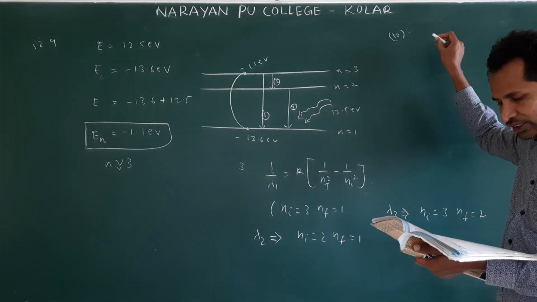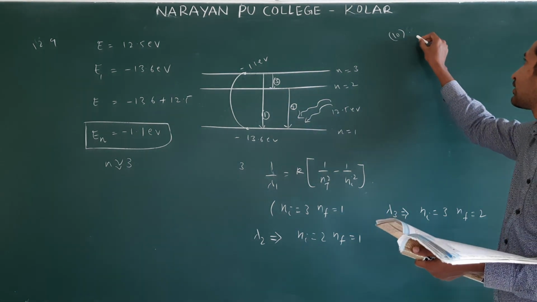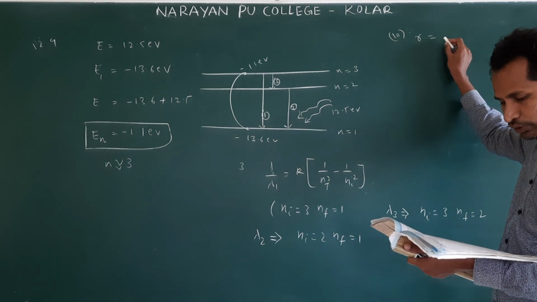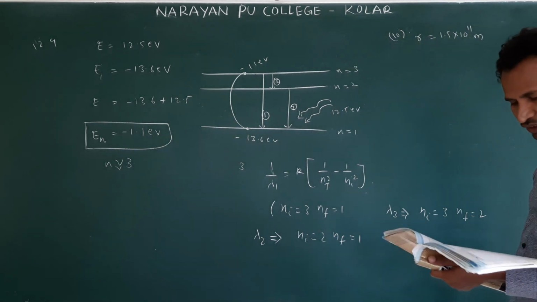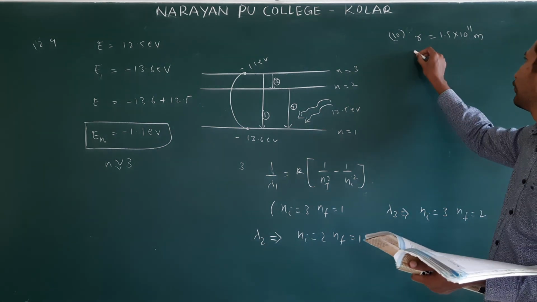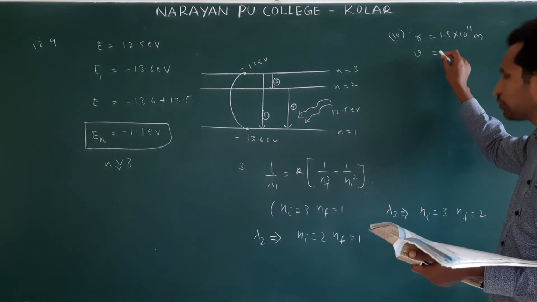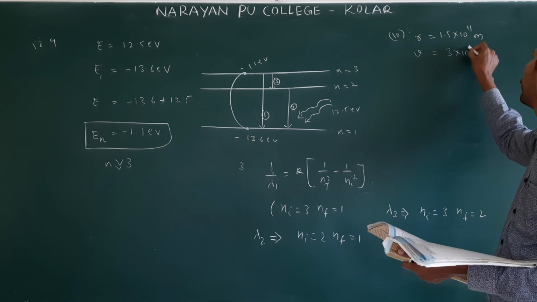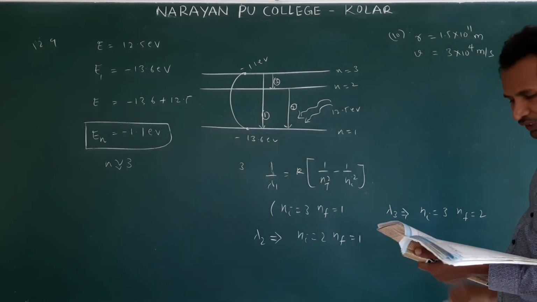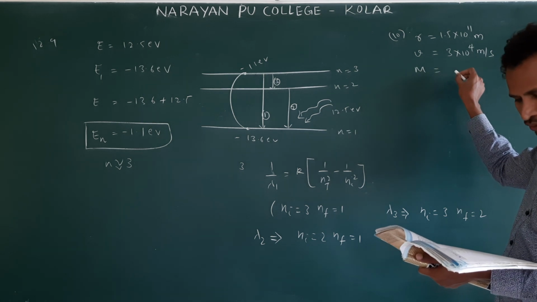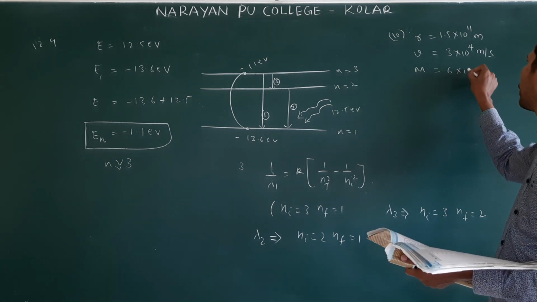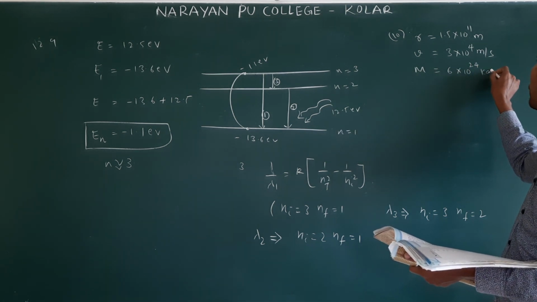What is the information? Radius r is equal to 1.5 into 10 power 11 meters. Next, speed v is equal to 3 into 10 power 4 meter per second, and mass m is equal to 6 into 10 power 24 kg.